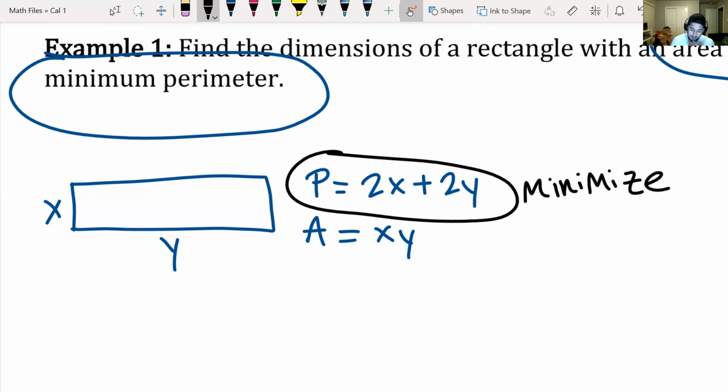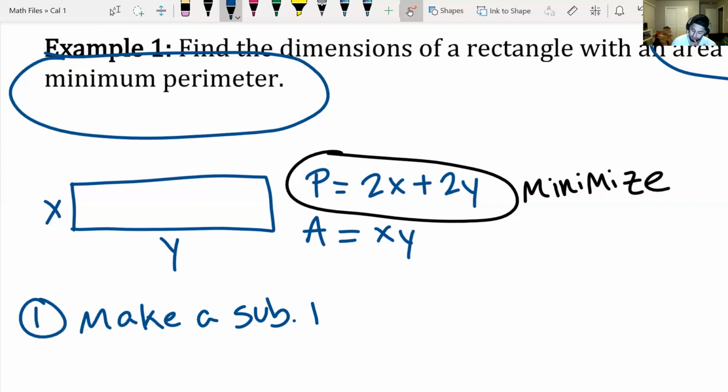Okay, so that's what we're going to do. So I'll call this step 1. We need to make a substitution for y. And to do so, we will use the other piece of information that's given above.